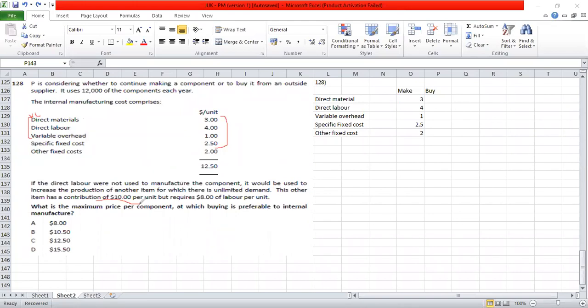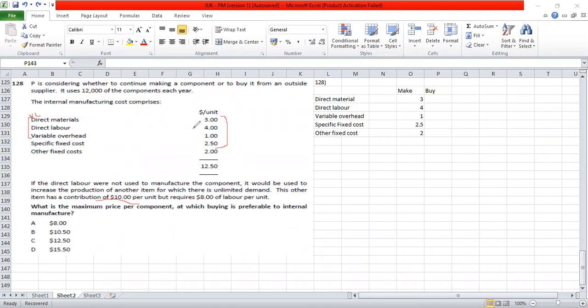It says that if the direct labor were not used to manufacture the component, it would be used to increase the production of another item for which there is unlimited demand. This other item has a contribution of $10 per unit, but the requirement is $8 of labor per unit. As of now, how much labor are they using?